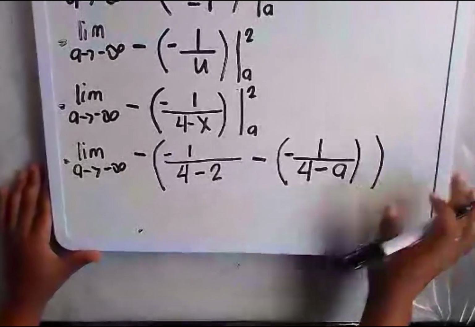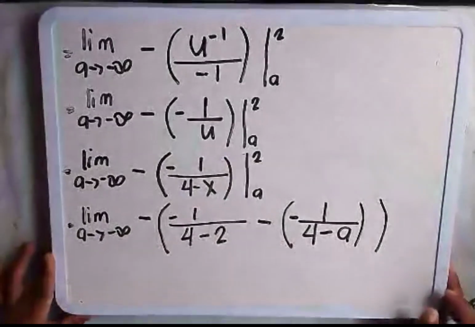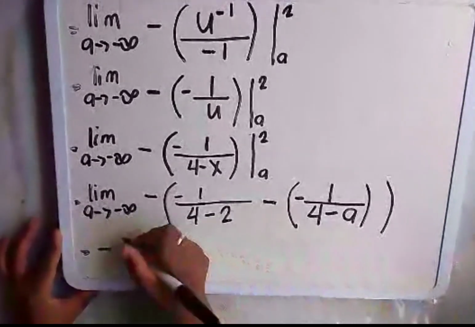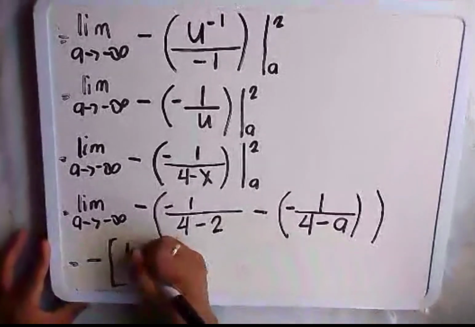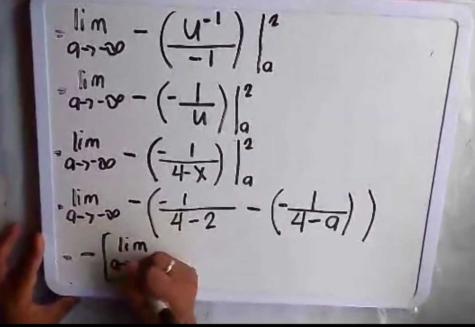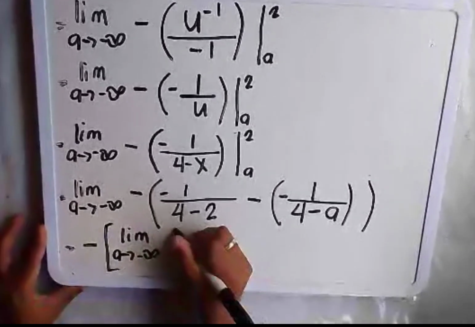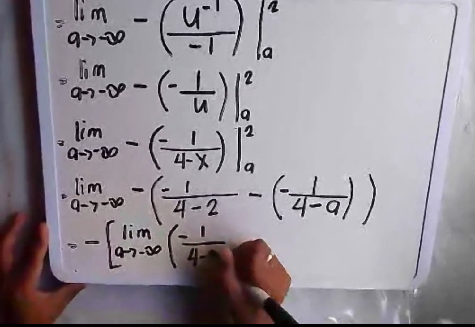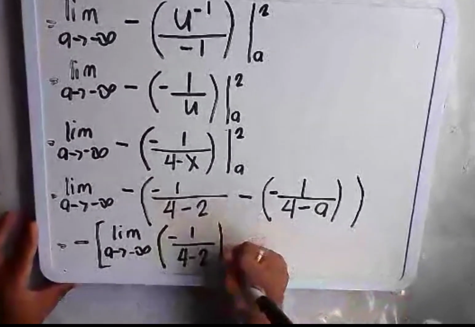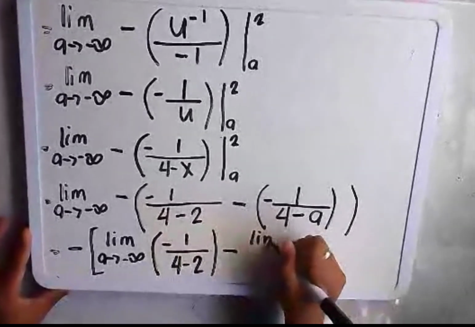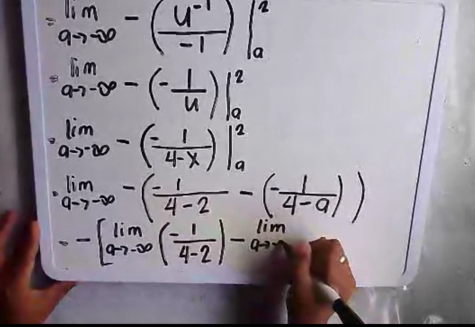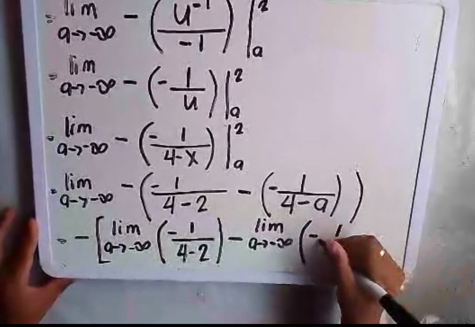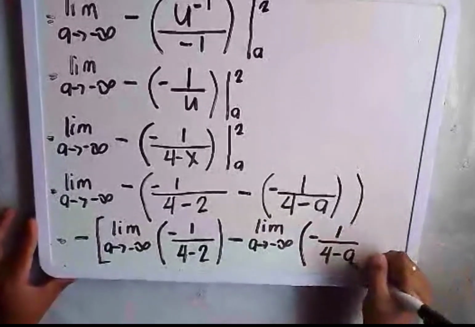And then, use the distributive property. So, we have negative times the limit as a approaches negative infinity of negative 1 over 4 minus 2, minus the limit as a approaches negative infinity of negative 1 over 4 minus a.